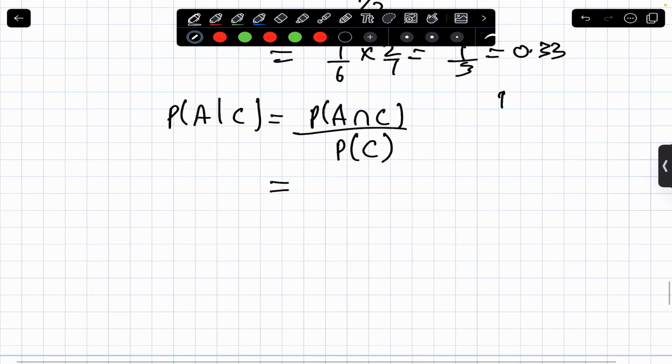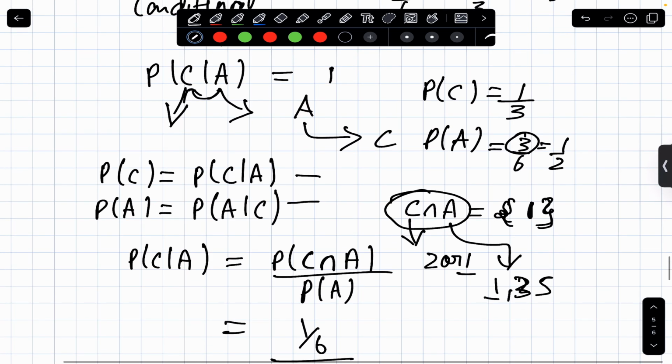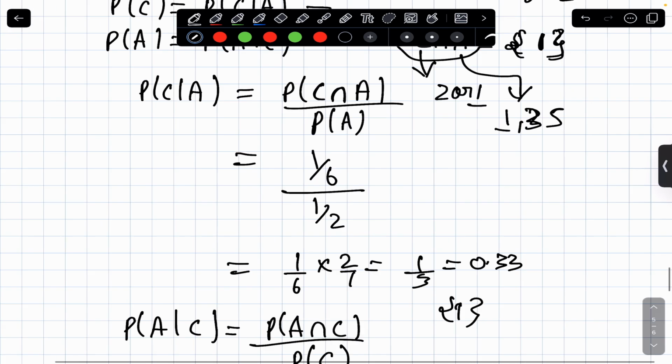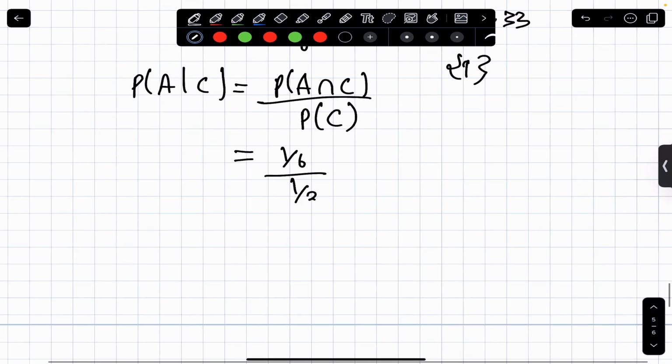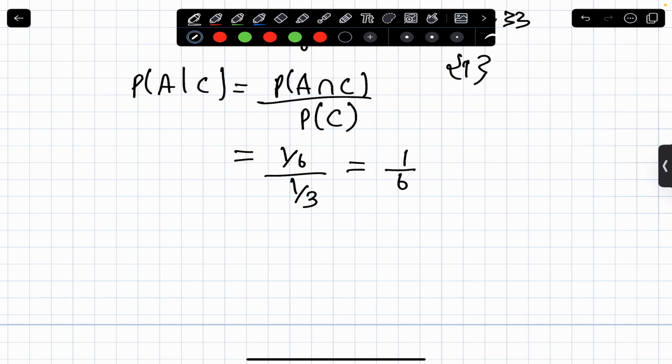It will be 1, so it will be 1 by 6. What is the probability of C? 1 by 3. So 1 by 6 into 3 by 1.